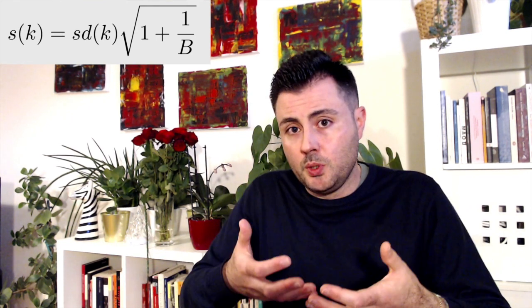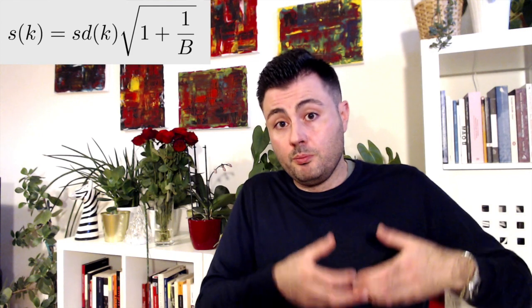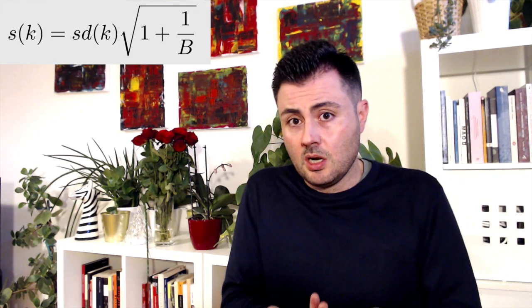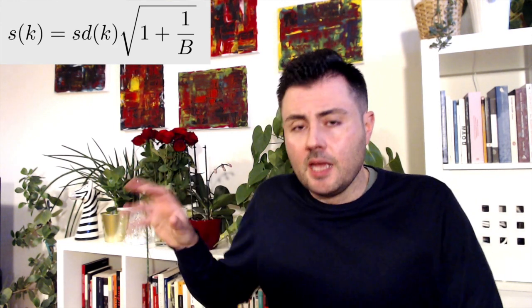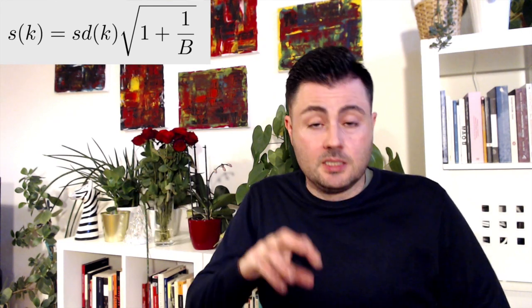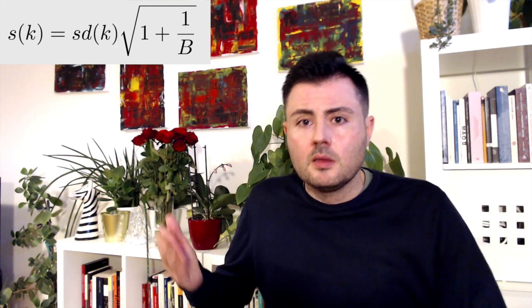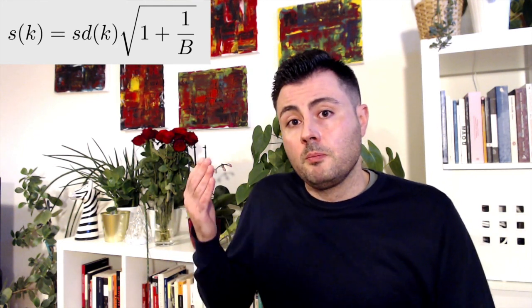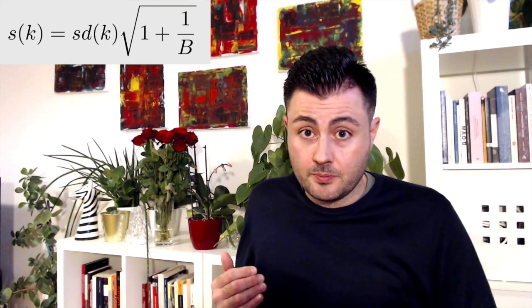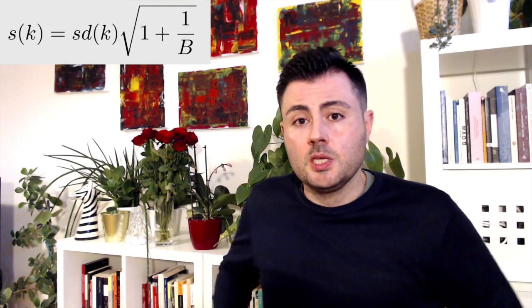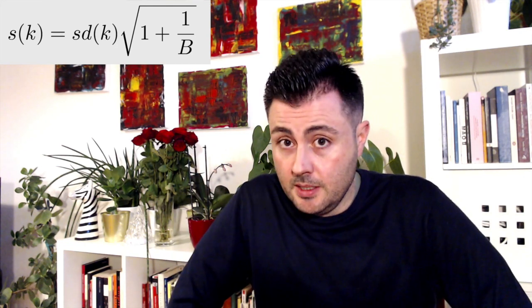So we can compute the average log inertia, but I can also compute the standard deviation of the log inertia. And I can rescale that quantity, which in the formula you see on the screen is SD at level k, by the square root of 1 plus 1 over B. This quantity here is what we call s_k.